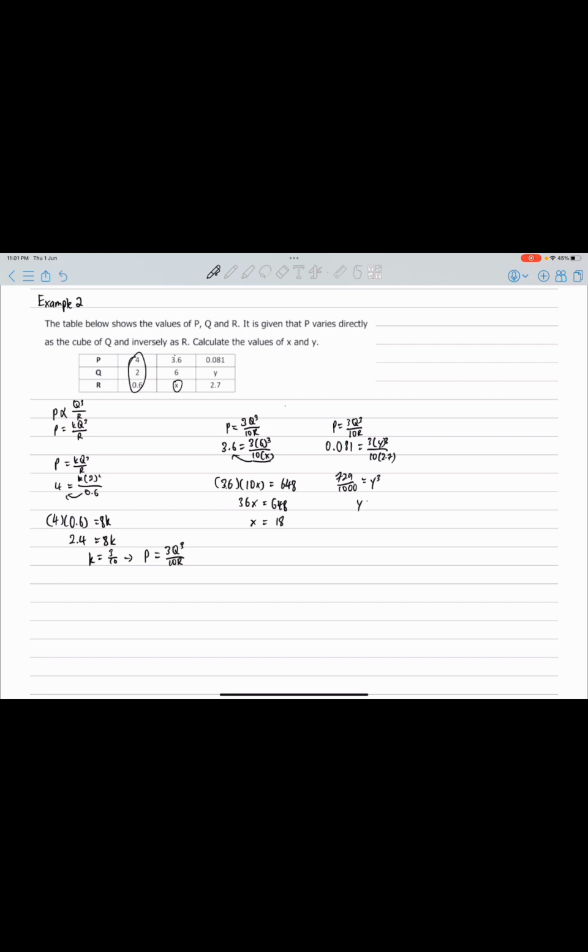So y is the cube root of 729 over 1000. So y equals 9/10, so y will be equal to 0.9. So that's all for combined variation, and thank you for listening.